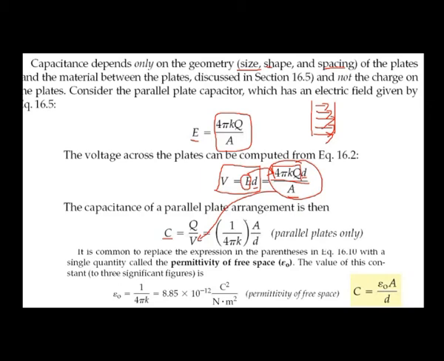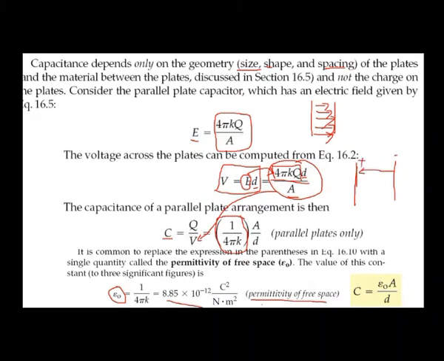And 1 over 4 pi k, this one right here, is equivalent to epsilon-naught. The epsilon-naught value is the permittivity of free space. That means the space between the two plates, how permittive is it? How could it permit an electron to go through from the negative to positive?